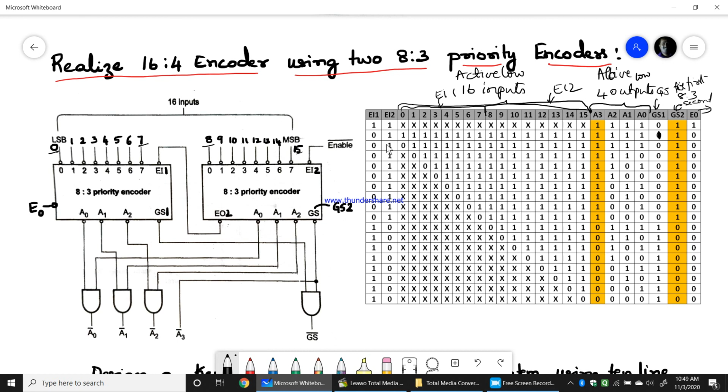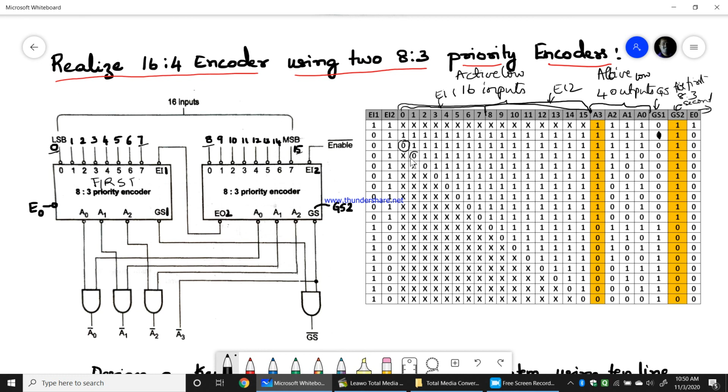Therefore even though EI2 is disabled, EI1 is enabled, which I need for this 8:3 priority encoder. If 0 is 0 now, it means one of the input lines is active, and the output will remain as 0 only, because for 0 it is 0. GS1 will now be 0 because one of the input lines of the first 8:3 priority encoder is active. Therefore GS1 will remain as 0 now, and GS2 will remain as 1.